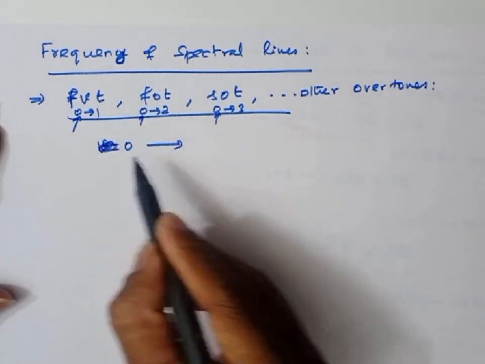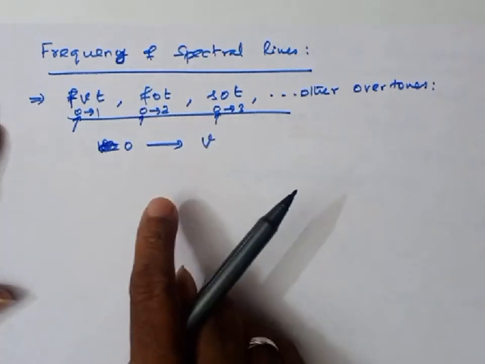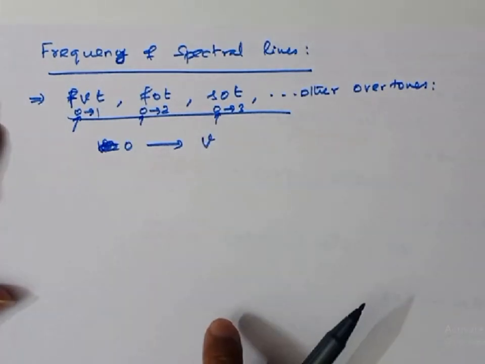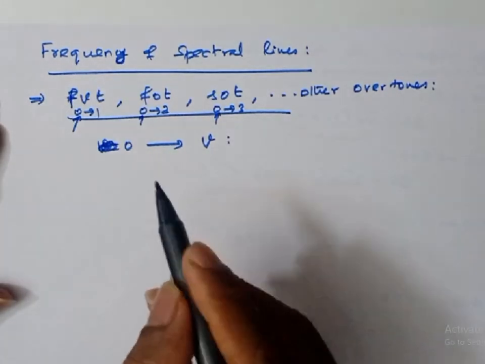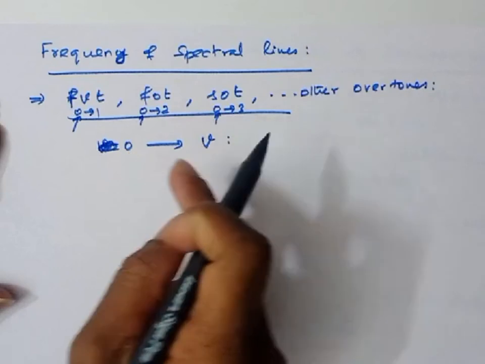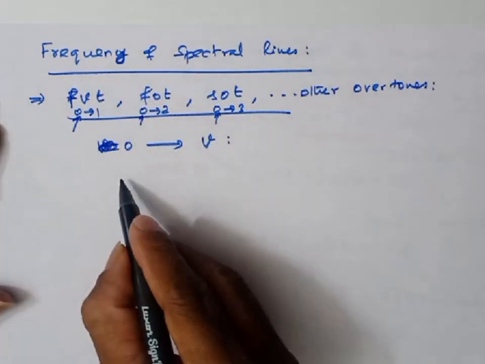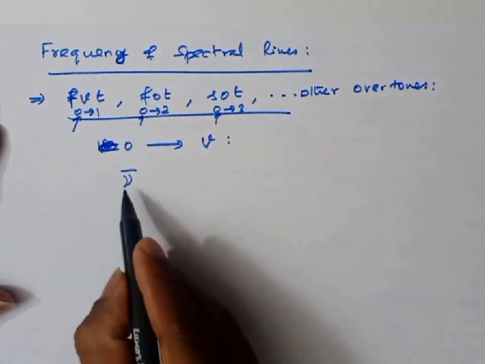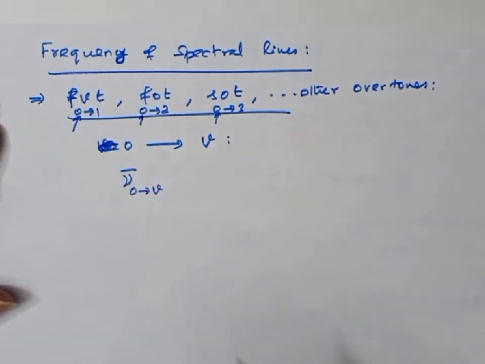Initial state is 0, and the final state, let me represent that as V in general. For the 0 to V transition, at what frequency will this transition appear? So, the frequency of radiation required for the 0 to V transition.